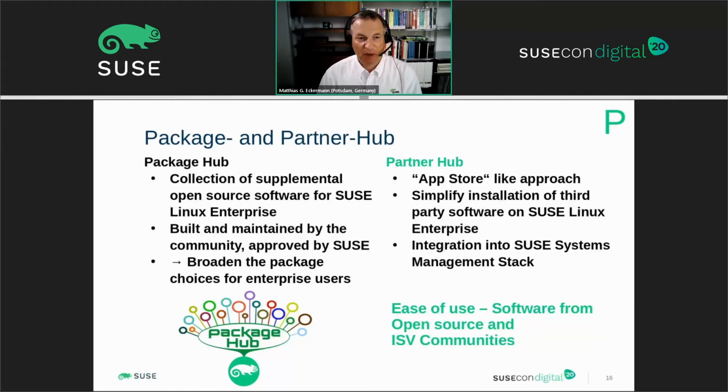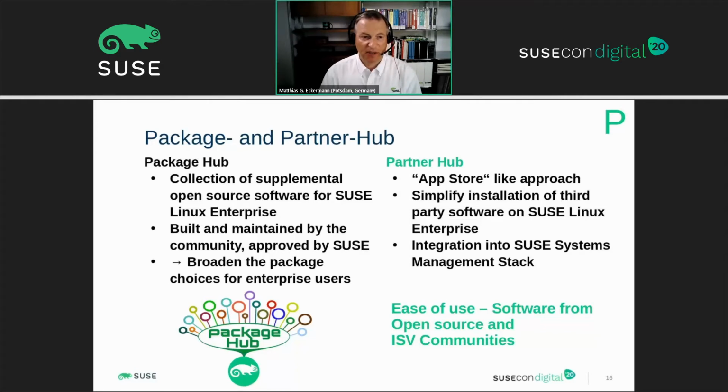The Package Hub provides a snapshot of these packages to SUSE Linux Enterprise customers. So these tools are not supported by us, SUSE, as a company, but they are built and maintained by the community. SUSE as a company helps the community, listens to them, helps them to get this done.